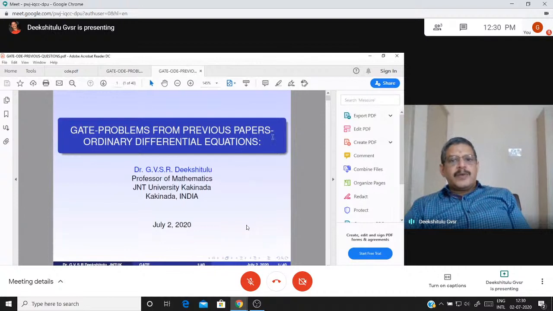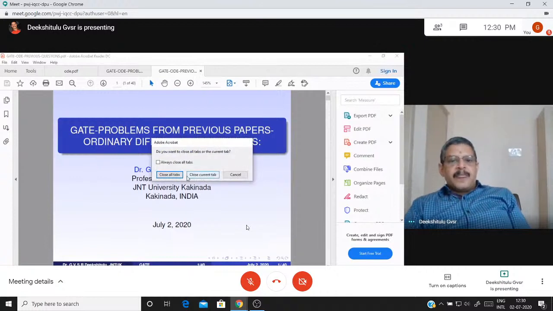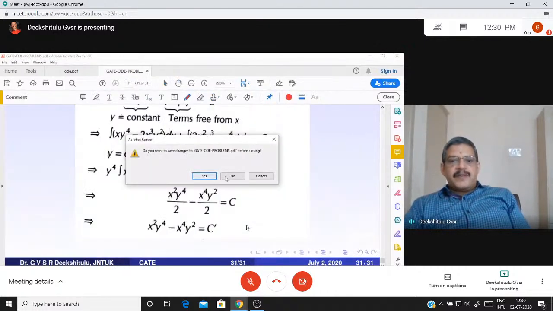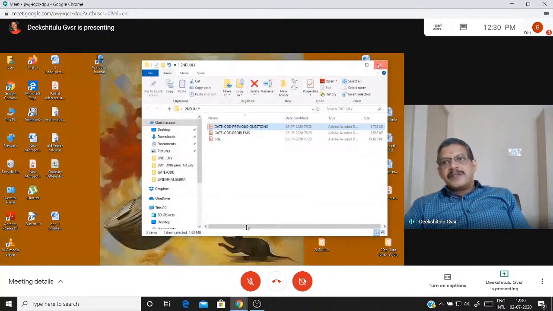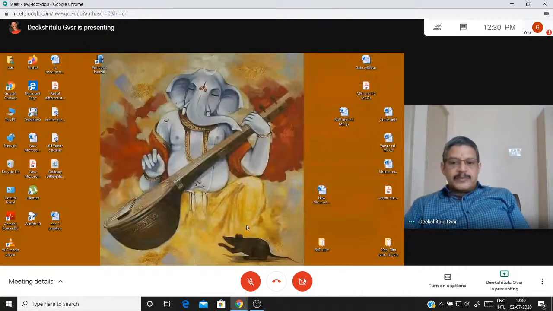So this is the schedule for tomorrow: 3 methods on higher order equations with constant coefficients, and then previous question papers on differential equations in GATE examination. With that, differential equations will come to an end tomorrow.